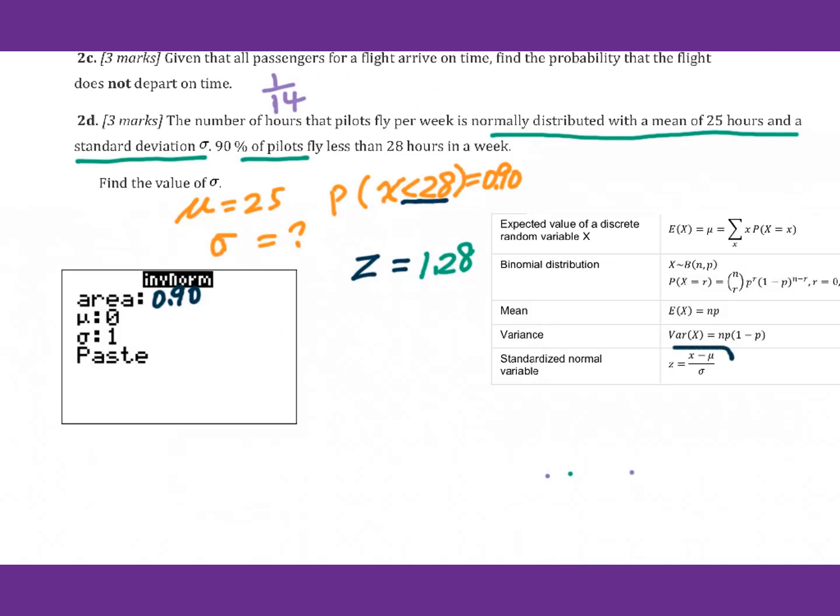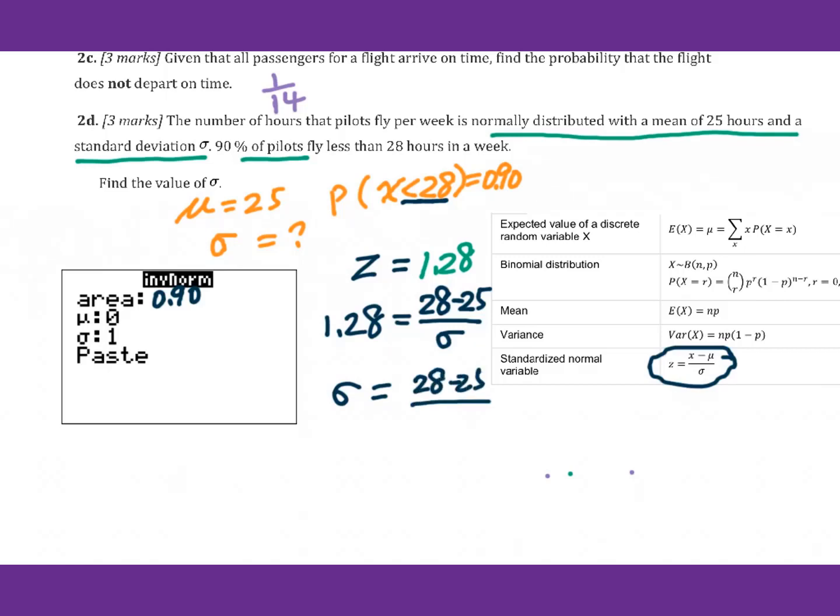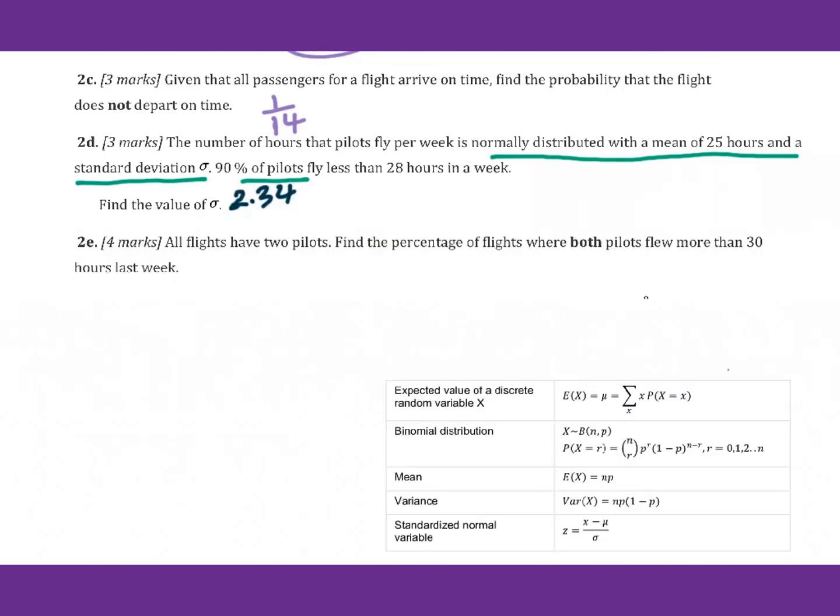Then you use this formula to figure out this sigma. You will get 1.28 equals x will be 28 minus 25, that is a mean, over sigma. So sigma equals 28 minus 25 over 1.28. You will get 2.34. Let's go to 2E.